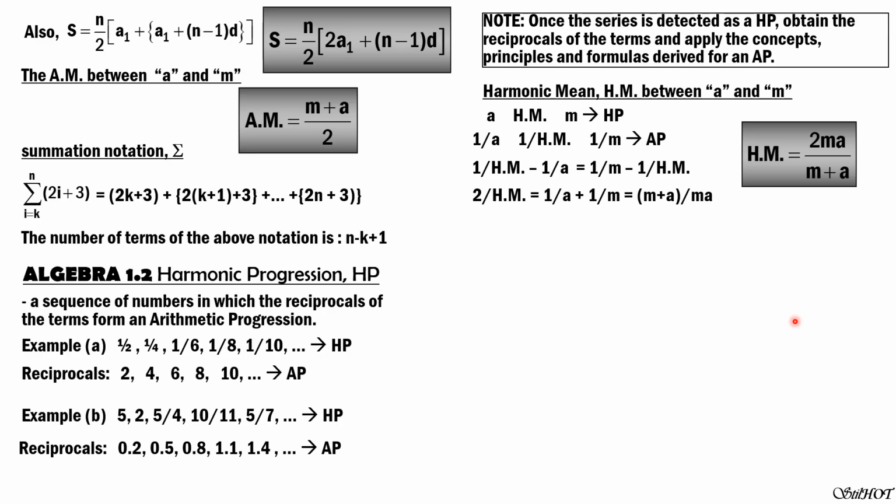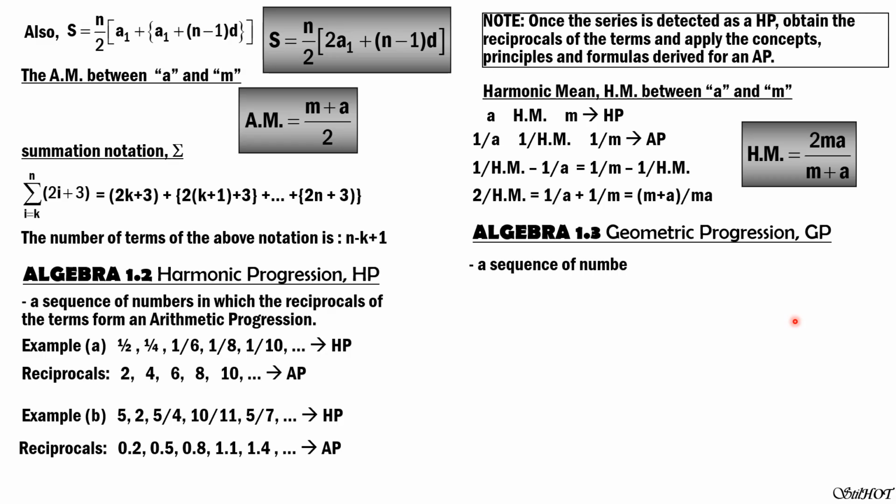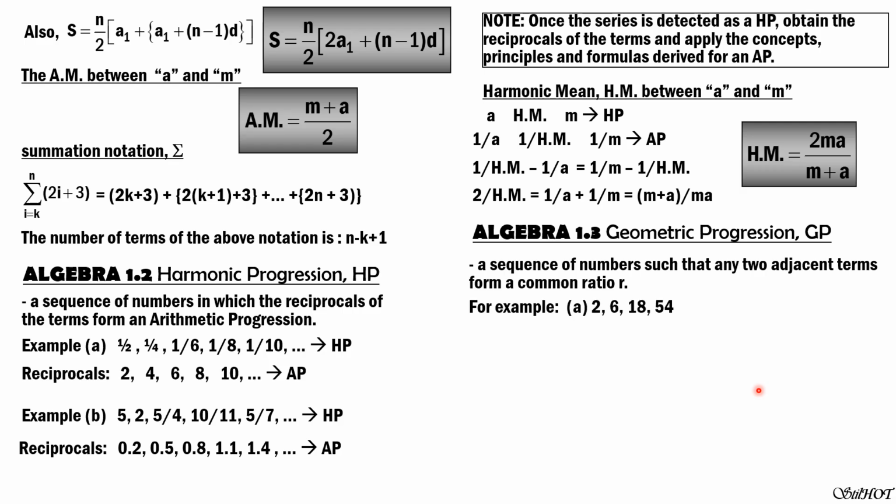Then we proceed to the next type of progression. We call this the geometric progression. These are sequences of numbers such that any two adjacent terms form a common ratio this time, and the common ratio is denoted by the symbol r. For example, where r is greater than 1, let us say 3, we have 2, 6, 18, 54, 162.